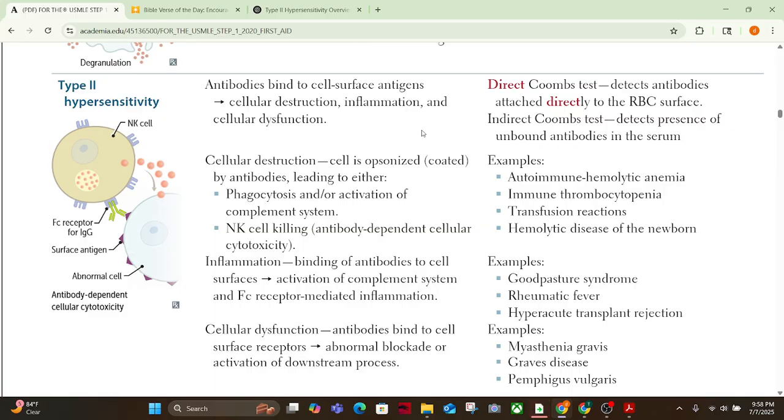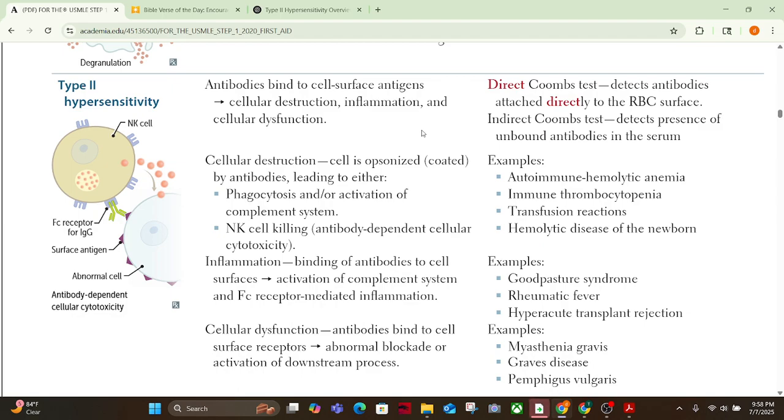Okay, now autoimmune hemolytic anemia is when RBCs are destroyed because of antibodies against the RBC. Immune thrombocytopenia is antibodies against platelets.